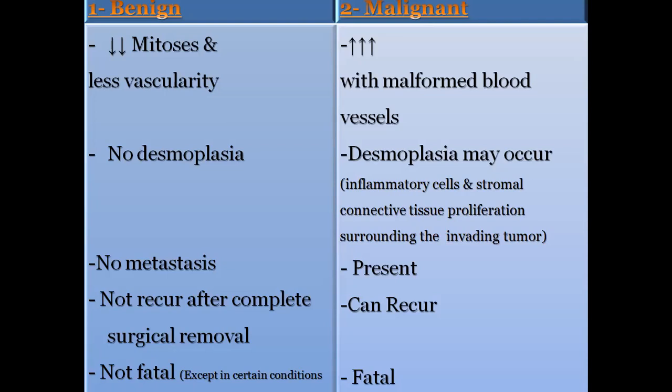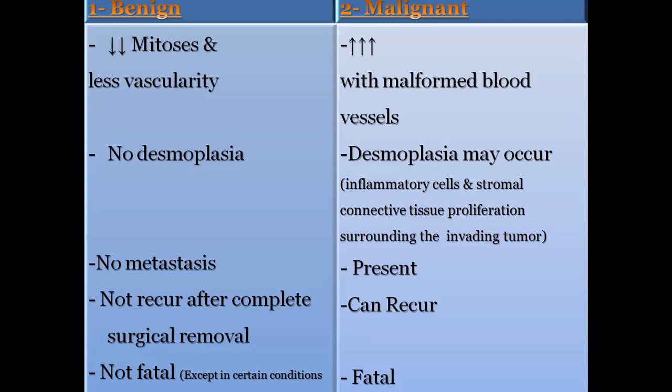Regarding the behavior, benign tumors have better prognosis, better outcome, and they do not metastasize, they do not send distant cells to implant in other organs. While malignant tumors can metastasize, can form metastases like the video we watched together, and they send malignant cells that implant in other tissues.